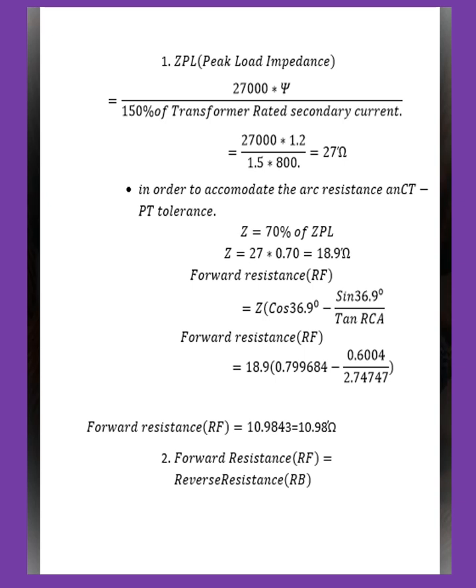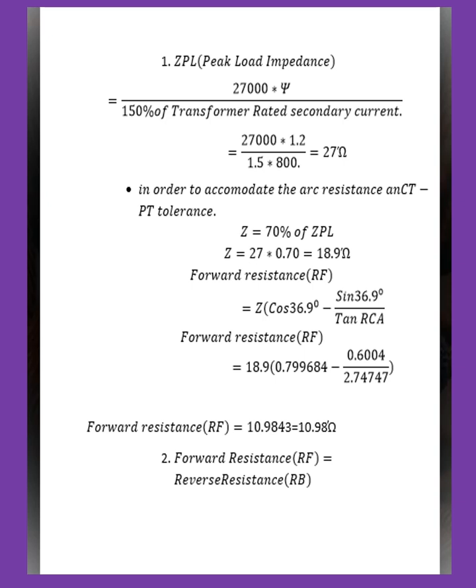It is 800 ampere, so they have taken 1.5. So it is coming around 27 ohm. In order to accommodate the arc resistance and CT PT tolerance, Z is equal to 70% of ZPL. Then 27 into 0.7 is equal to 18.9 ohm.